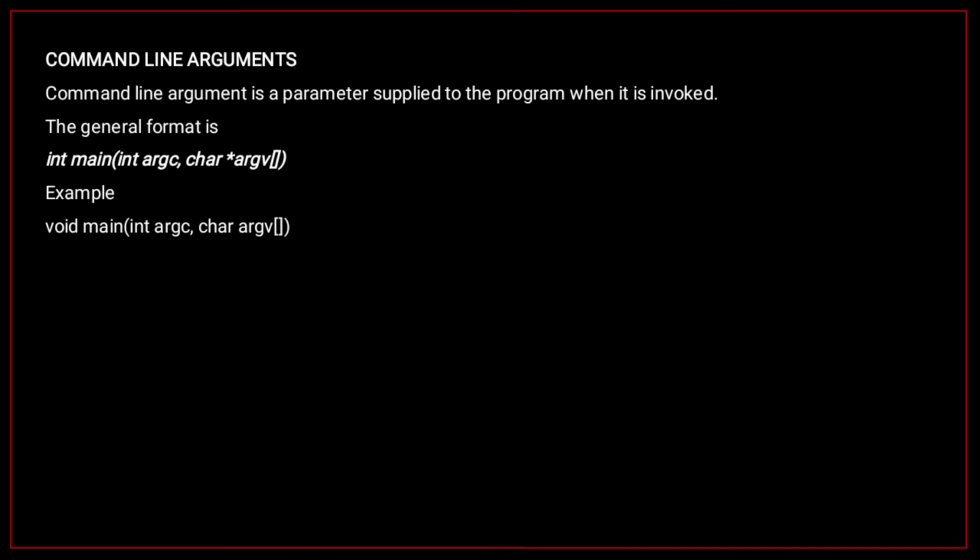Now here argc counts the number of arguments on the command line, and argv is a pointer which holds pointers of type char which point to the arguments passed to the program. Now see the example how to use this format.